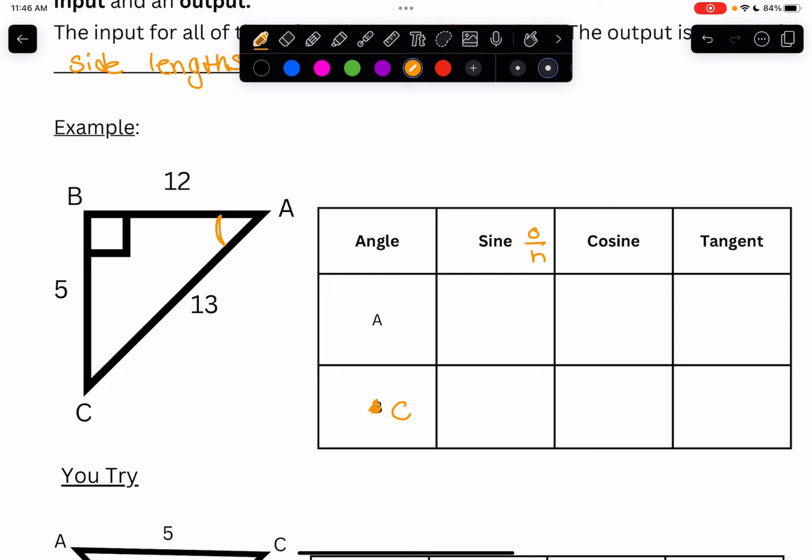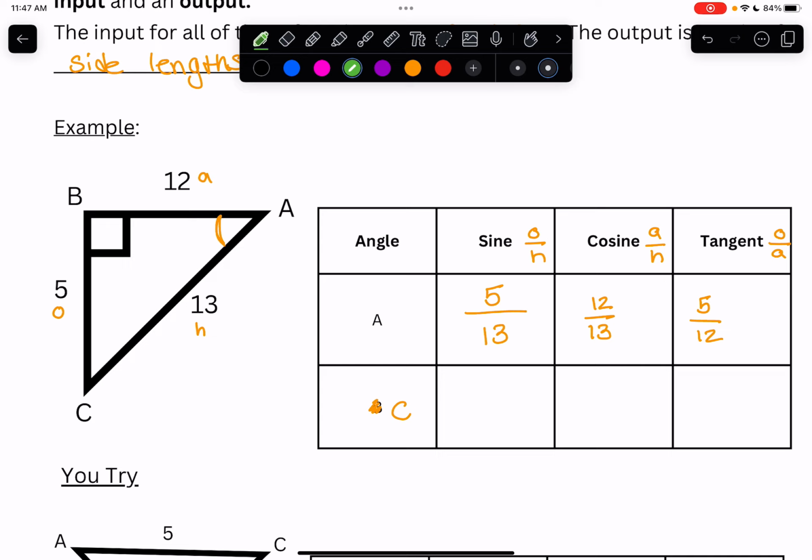Opposite of angle A is 5 over hypotenuse 13, right? Because this is opposite, hypotenuse, adjacent for angle A. Cosine is adjacent over hypotenuse, so that would be 12 over 13. And tangent is opposite over adjacent.